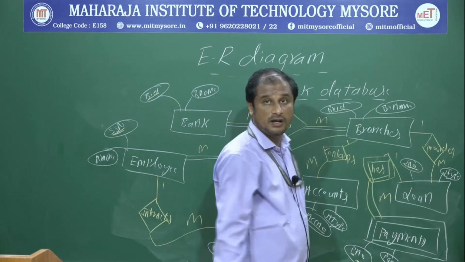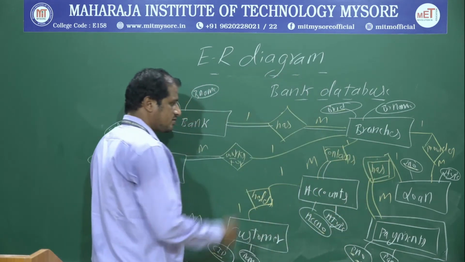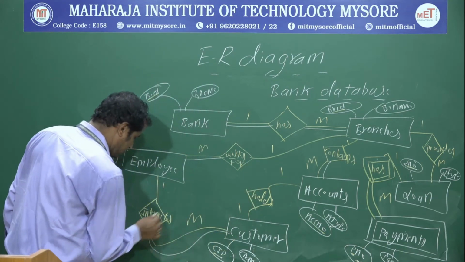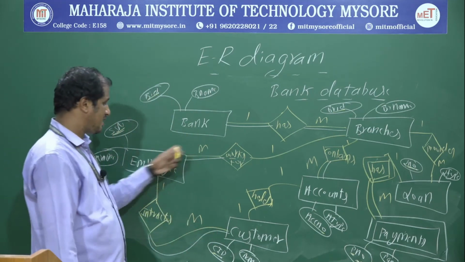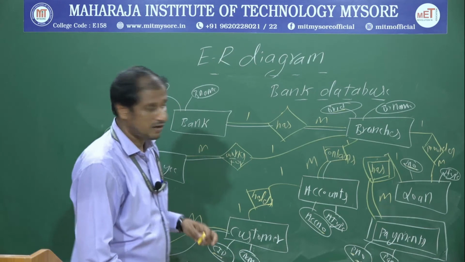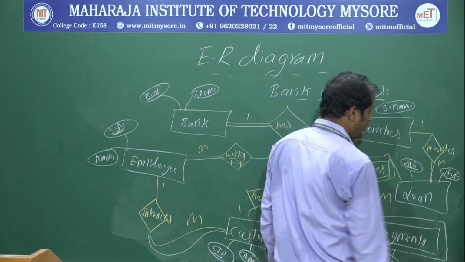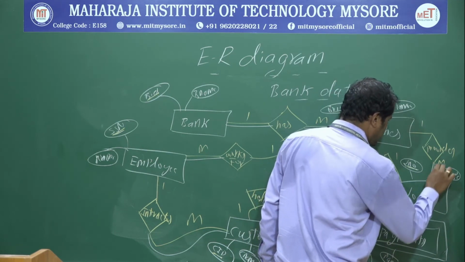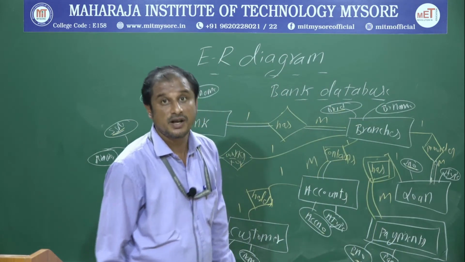One branch provides many accounts, one account is held by one customer, and many customers interact with one employee. It is again partial participation because there is a set of many and I am going for only one. And one loan has many payments, so it has to be a double line representation, that is total participation. One branch provides many loans.